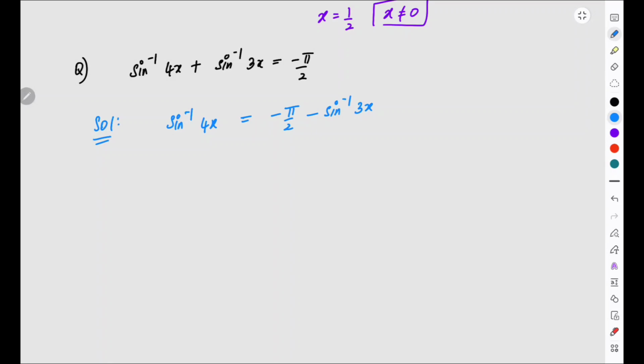So in this case, 4x is equal to sine, this minus we will take out, sine of (pi by 2 plus sine inverse 3x). So we get minus of cos of sine inverse 3x is equal to 4x.